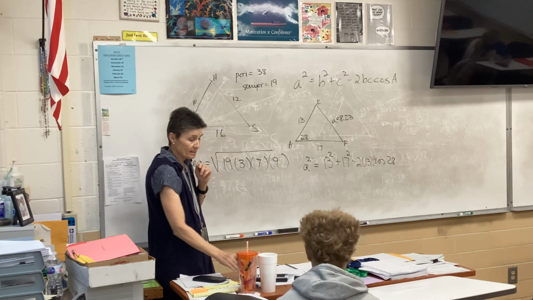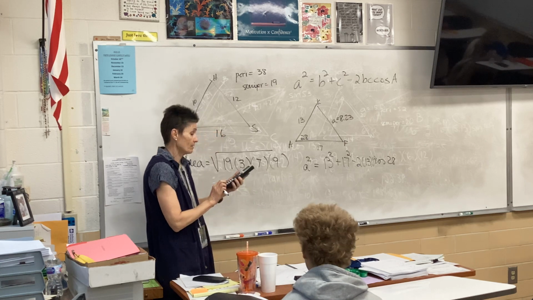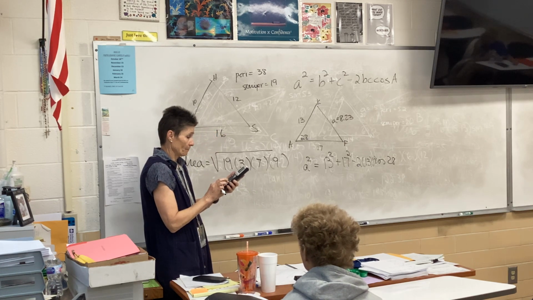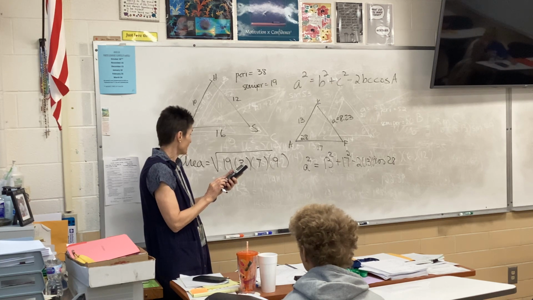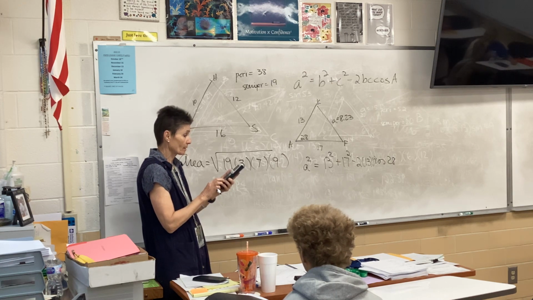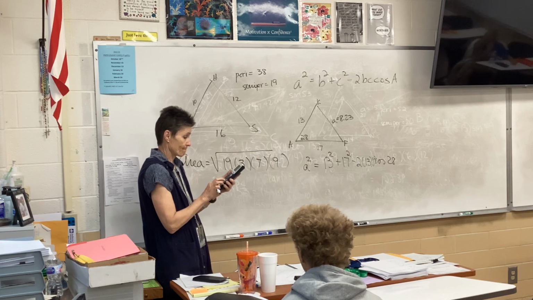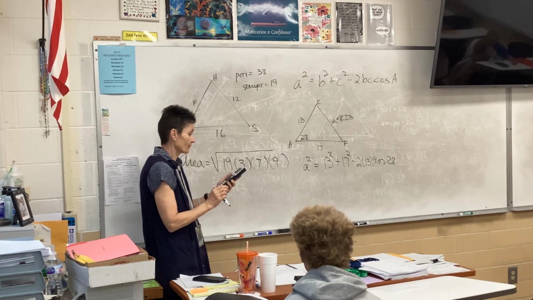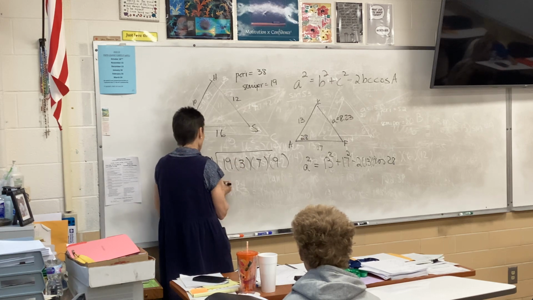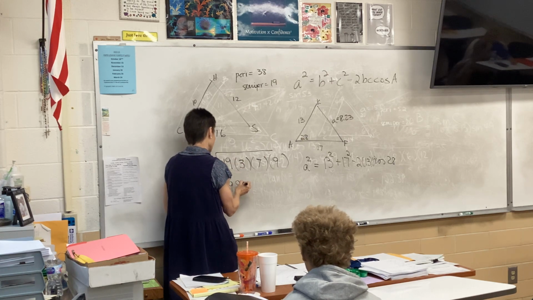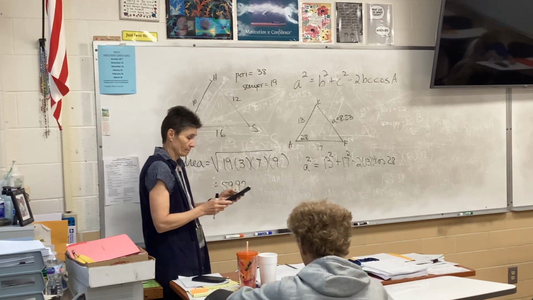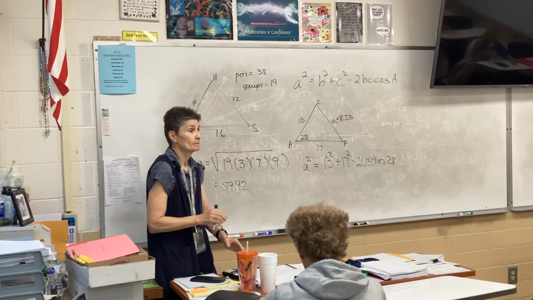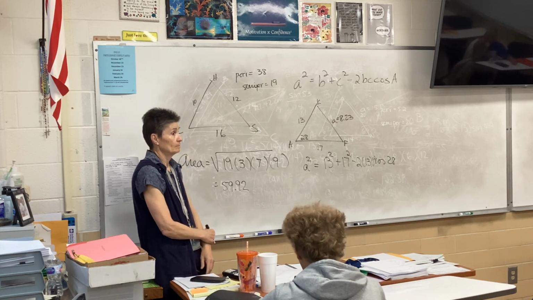You take 19 minus each side. Use your calculator if you need help subtracting. Then we're going to multiply all those together and take the square root. 59.92. Anybody else get that? Yep.